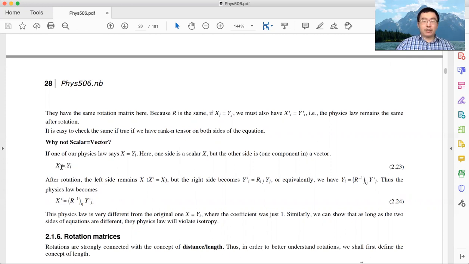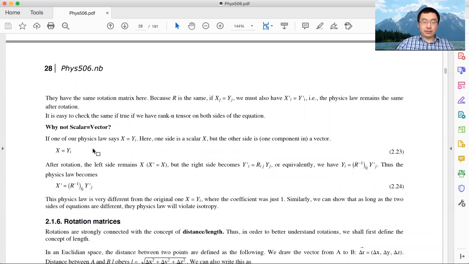Because the two sides are different objects, the physics law cannot stay the same form. It depends on how we choose the axis. If we choose a different axis, the physics law will change. And if we believe our universe is isotropic, with no special direction, then our physics law cannot take this form.